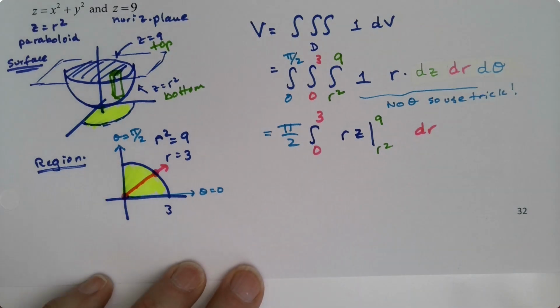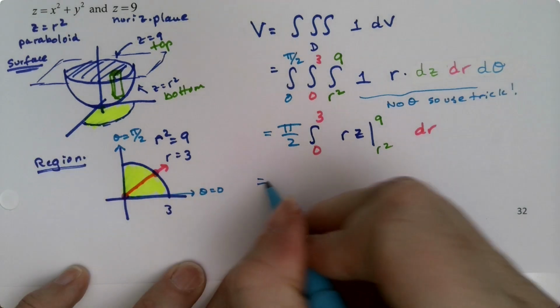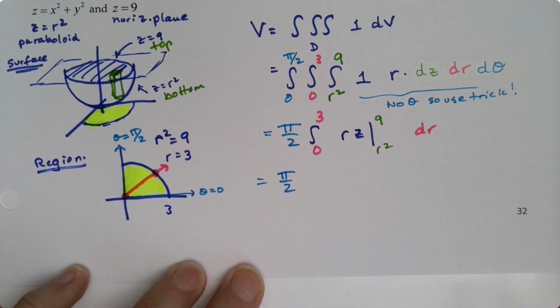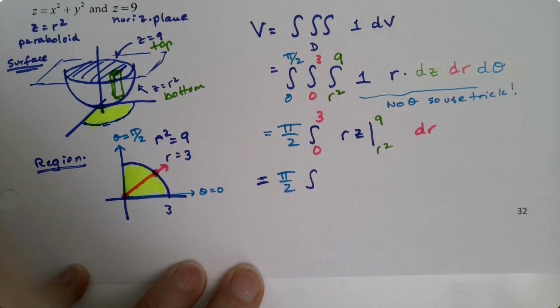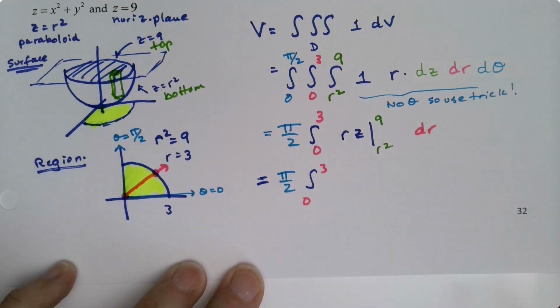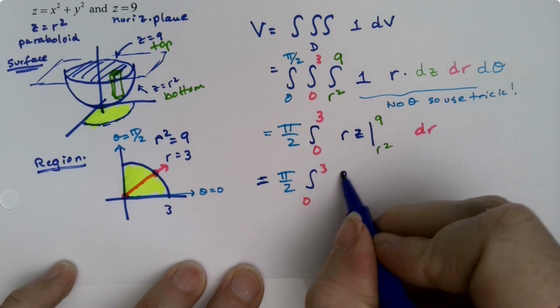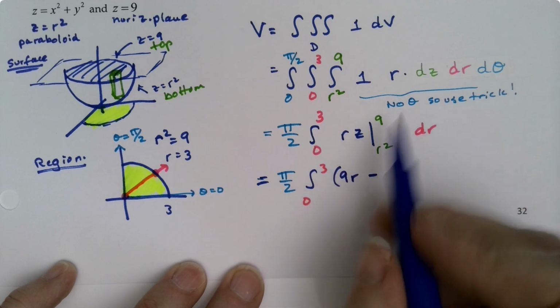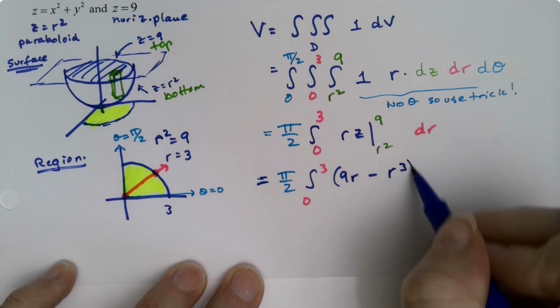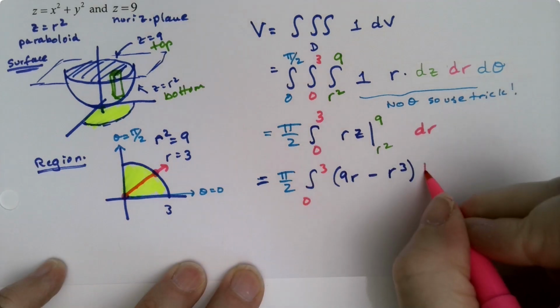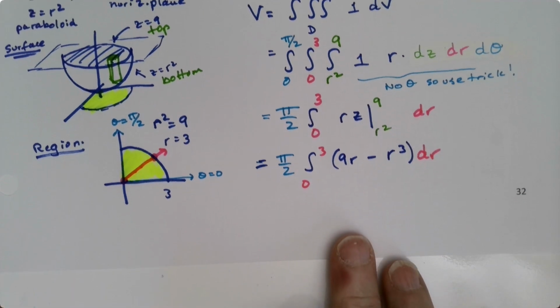So this is pi over 2 times the integral from 0 to 3. And this would be 9r take away, I'm actually going to distribute this, 9r take away r times r squared is r cubed dr. And this particular one is so easy.